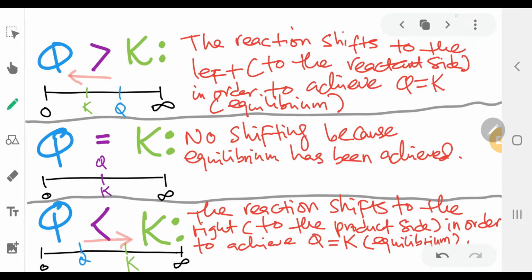Okay, so those are the three situations in reaction quotient when you compare that with K.